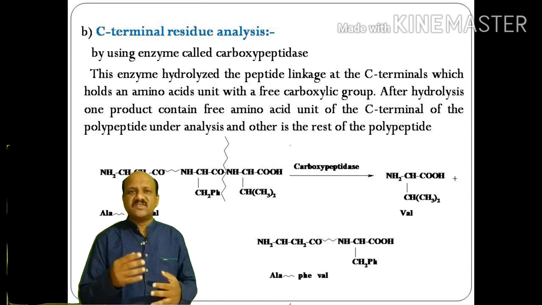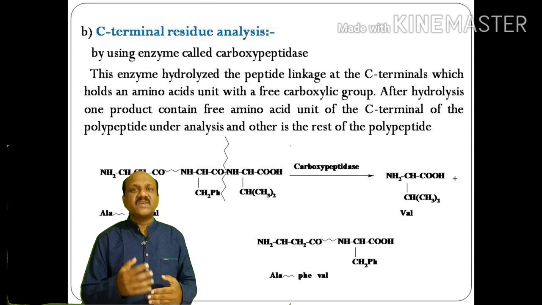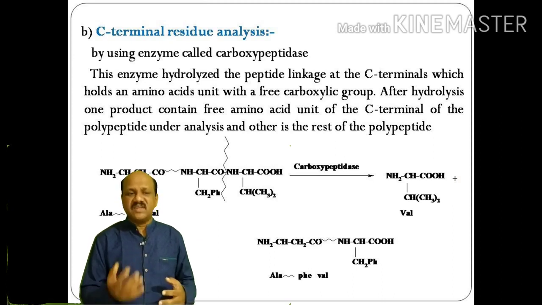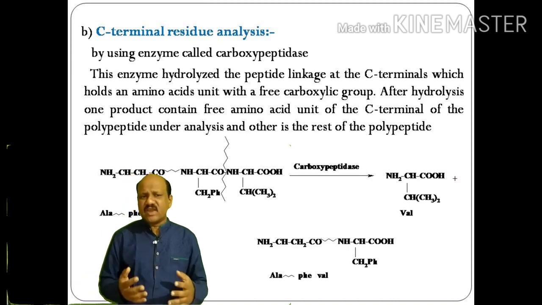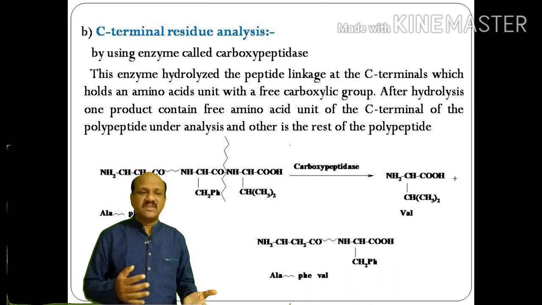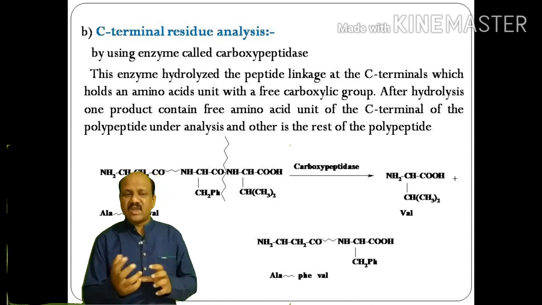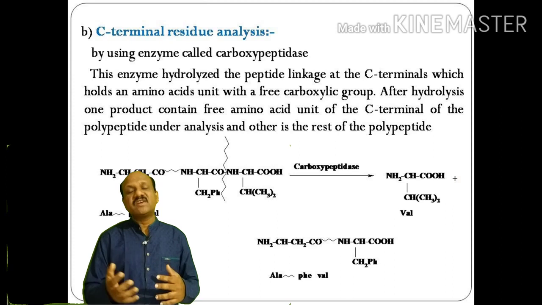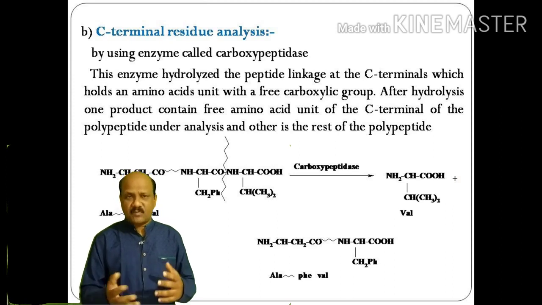A special type of enzyme is used for the C terminal residue analysis, known as carboxypeptidase. This enzyme hydrolyzes the peptide linkage at the C terminal, which holds an amino acid unit with a free carboxylic group.